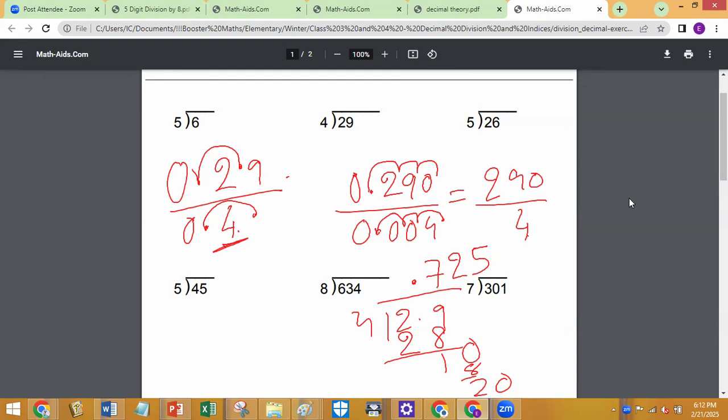And whatever you get at the end becomes your dividend in the numerator. And in the denominator, you have a whole number, which is your divisor. And then you're able to do it because the divisor is a whole number.